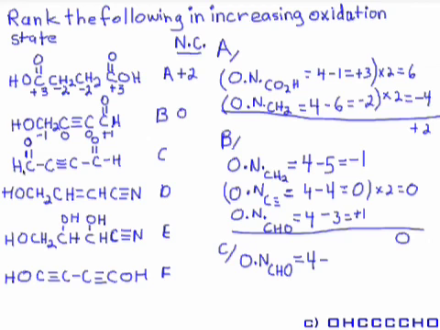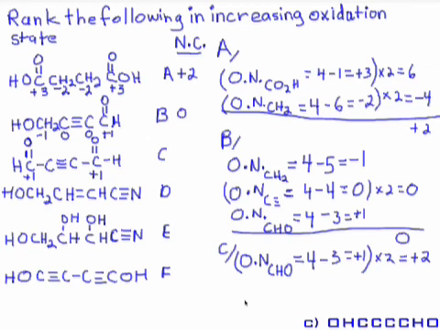Carbon is considered more electronegative than hydrogen for the purposes of oxidation numbers, so carbon gets both electrons from the CH bond, so that's 2. 1 electron from the carbon-carbon bond, that's 3. 4 minus 3 equals plus 1. And this is times 2, because there's 2 aldehydes, that's plus 2. So we get plus 1 here and plus 1 here.